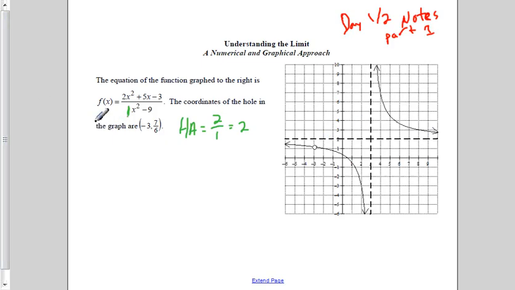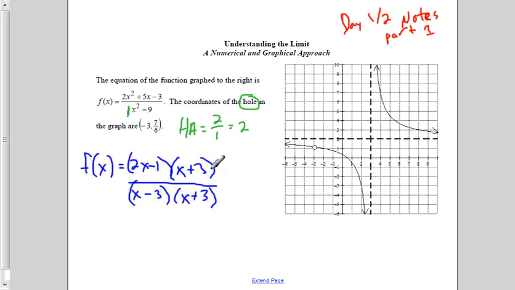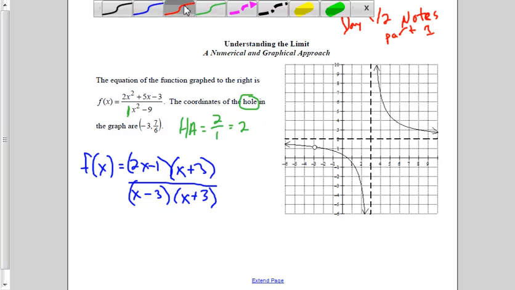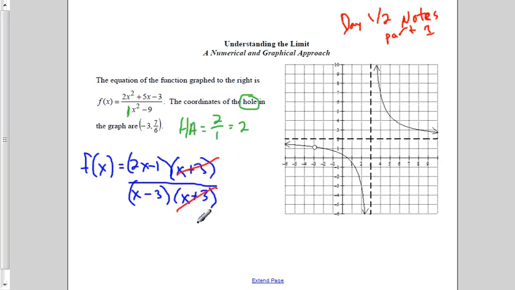I can find the vertical asymptote. Now we think, hey, where the denominator is 0, but again, they told us we have a hole, so I know something cancels out. So let's first factor both the numerator and denominator and see what we get. When I factor the function, x plus 3 is a factor in both the numerator and denominator.